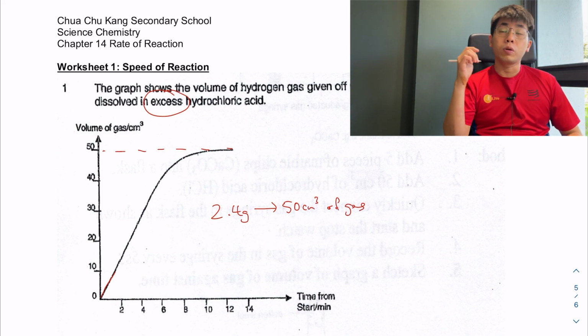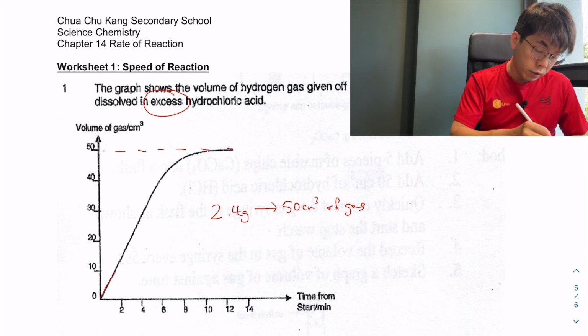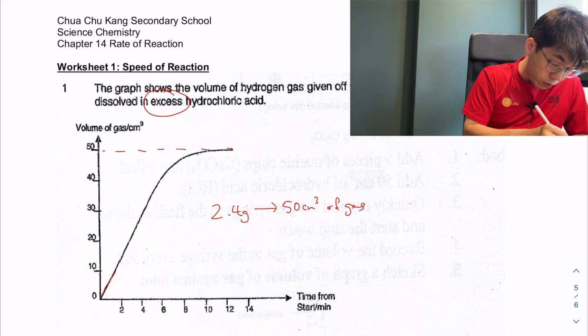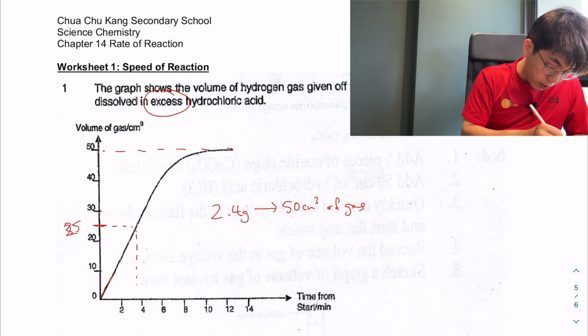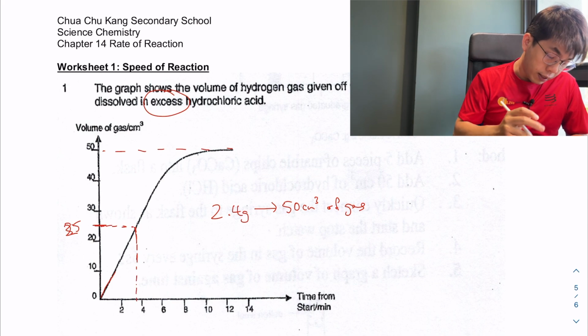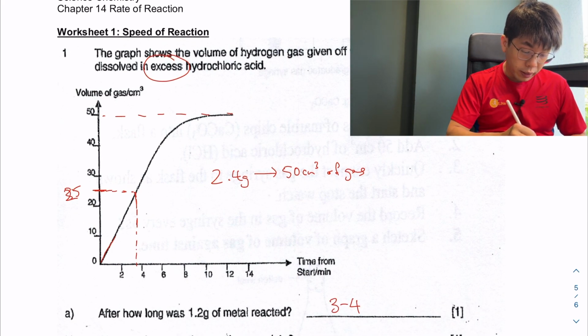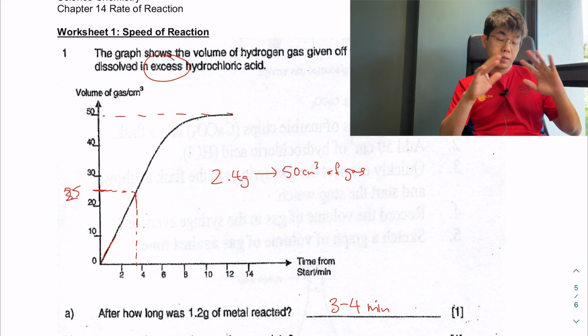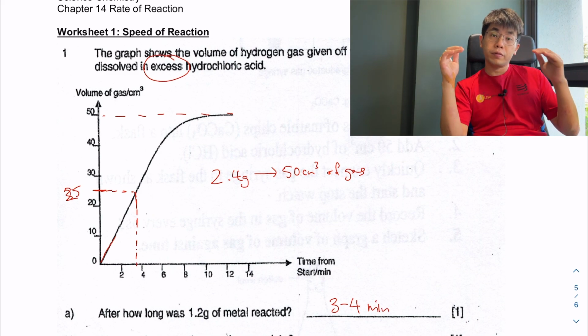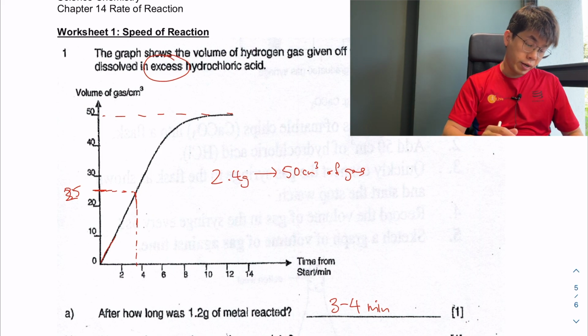So if I want to know 1.2 grams of metal, I need to be looking at 25. We need to draw 25 over here and then draw a line down. I think we can take anything between 3 or 4. Anything around 3 or 4 minutes is when 1.2 grams of metal has reacted.